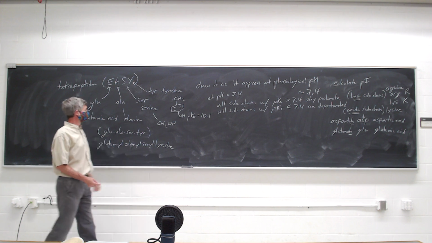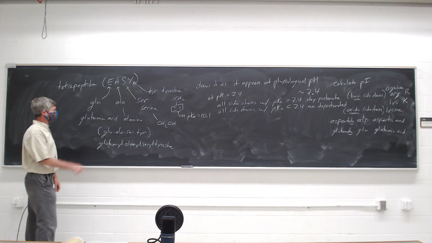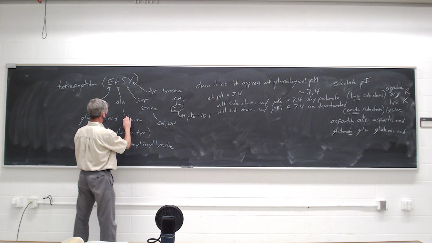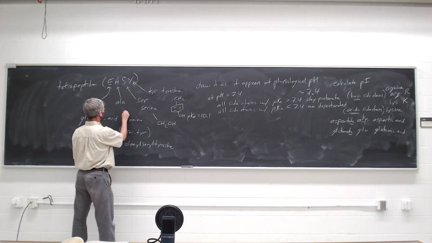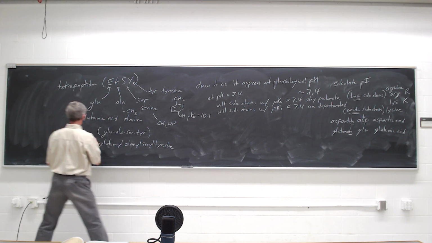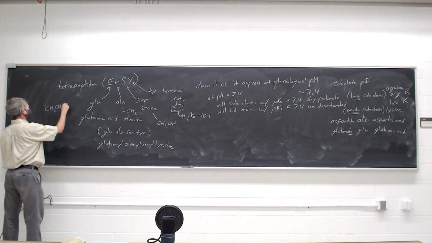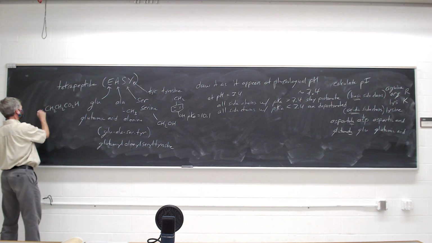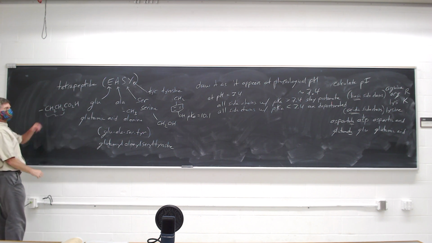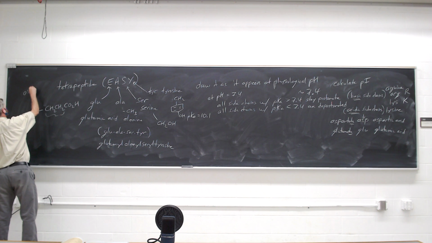Serine and cysteine are easy ones to confuse. Alanine we've already looked at. Alanine is the one that has a CH3 as the side chain. And then glutamic acid, the side chain is CH2CH2CO2H. Got a pair of CH2 groups. Aspartic acid just has one.